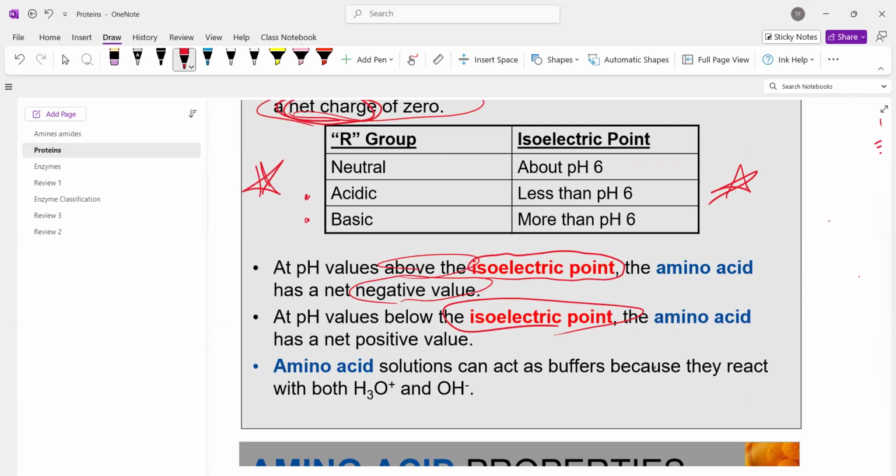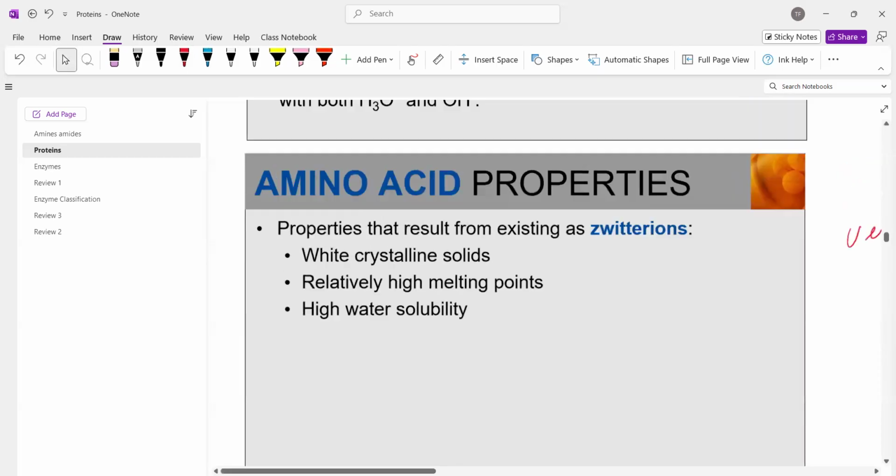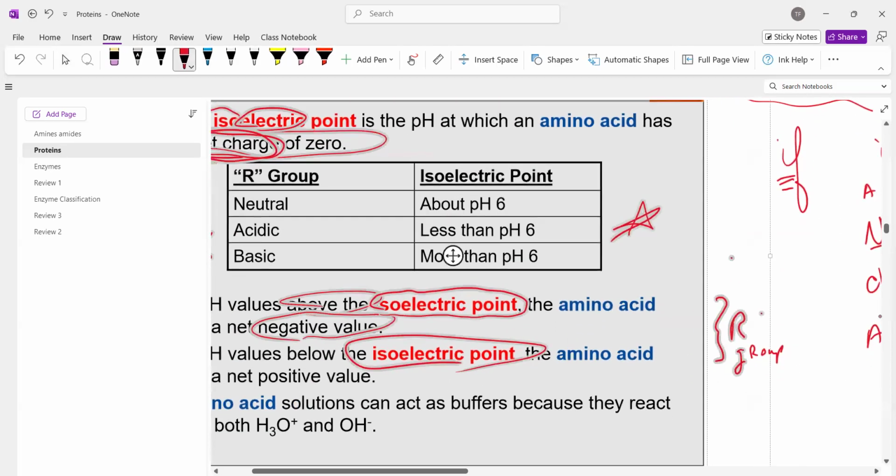Now this is the R groups. Depending on which combination of amino acids you have, the combination of the R groups will determine the isoelectric point.